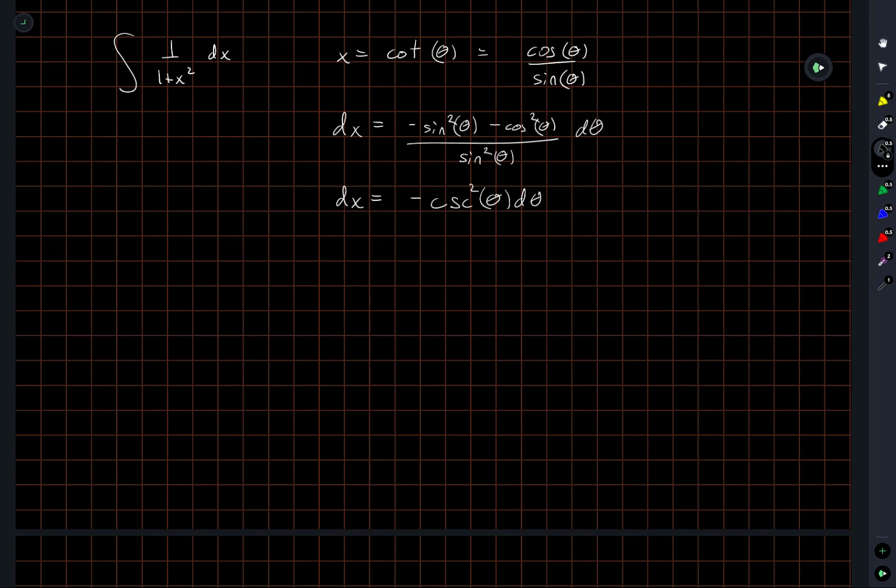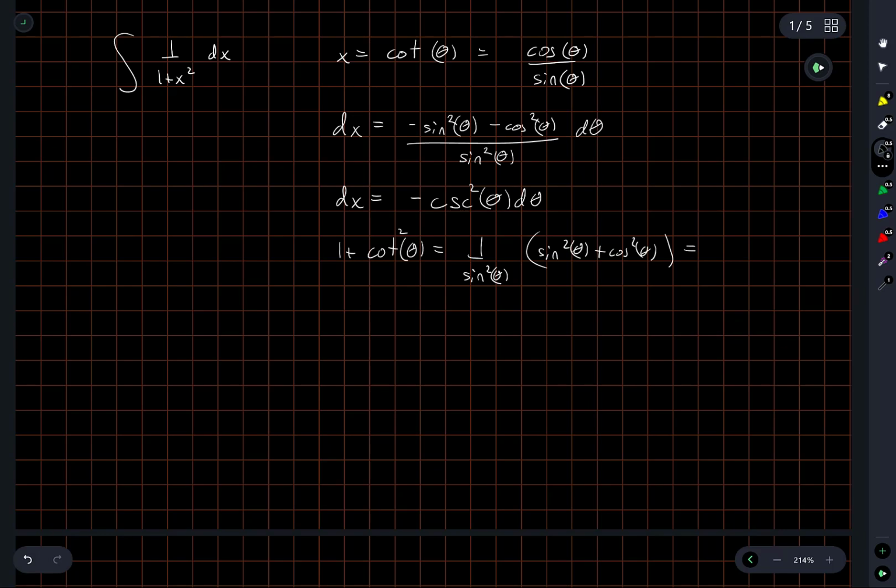Is this going to help at all? 1 plus cotangent squared theta is equal to 1 over sine squared times sine squared plus cos squared, which equals cosecant squared theta.